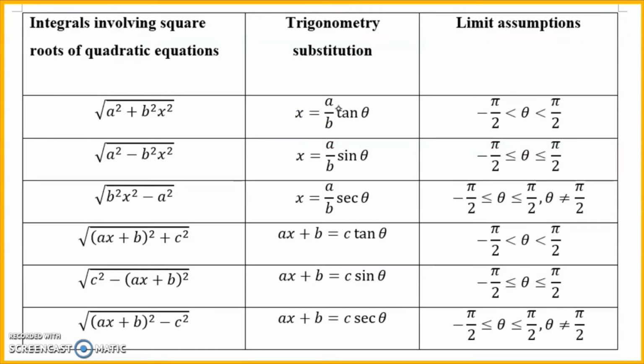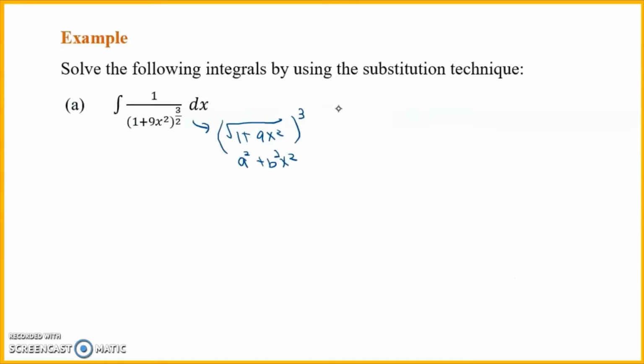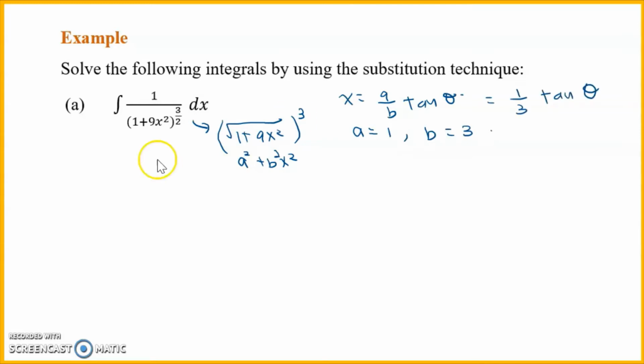So we have to choose x equal to a over b tangent theta. If we compare this, our a should equal 1 and b has to be 3. So x is equal to 1 over 3 tangent theta.